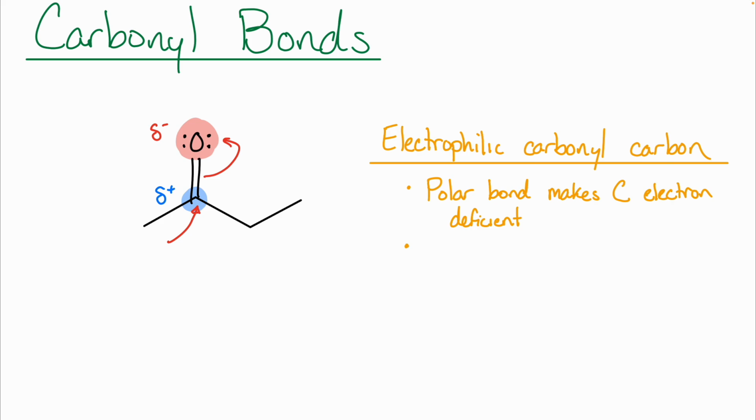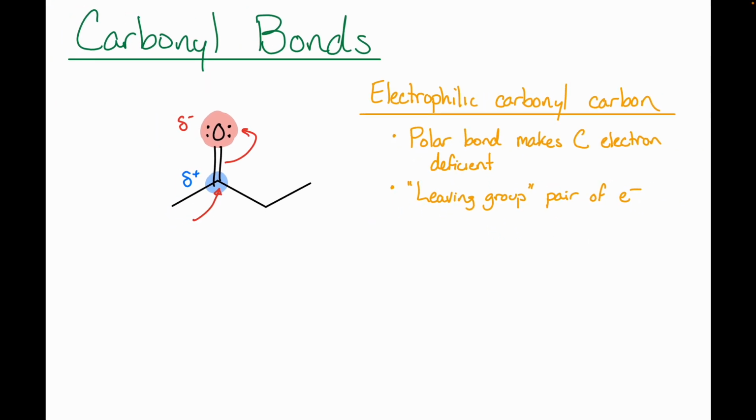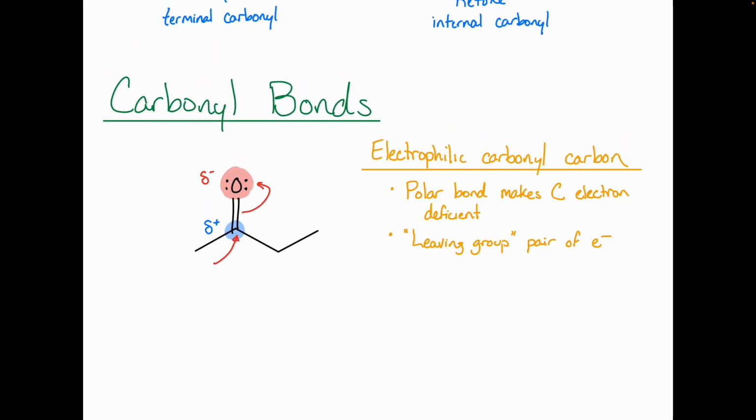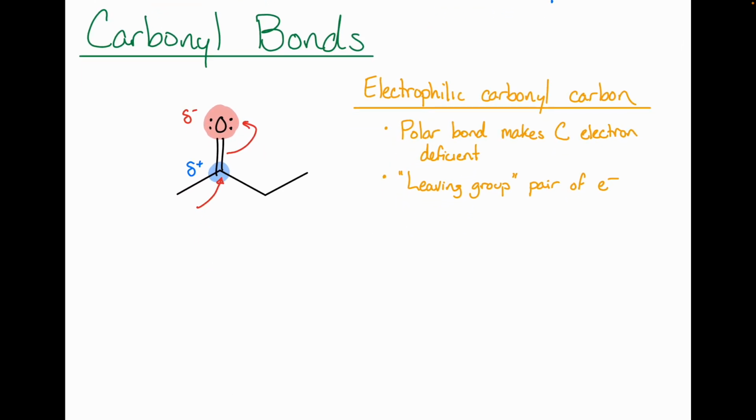So not only is it relatively electron deficient, which is important for all electrophiles, but it's really susceptible to nucleophilic attack because it has this leaving group pair of electrons. And we'll talk about reactions here in a bit.